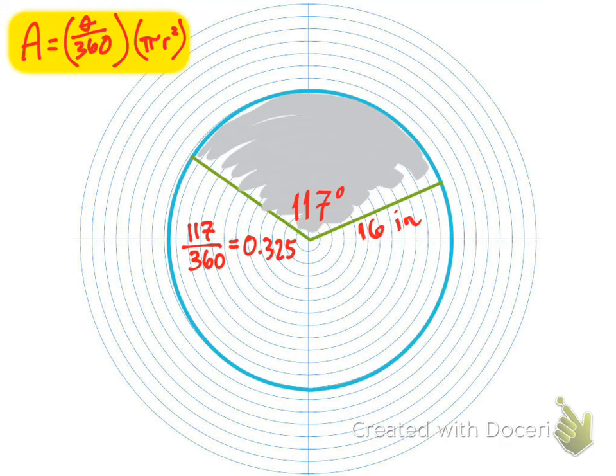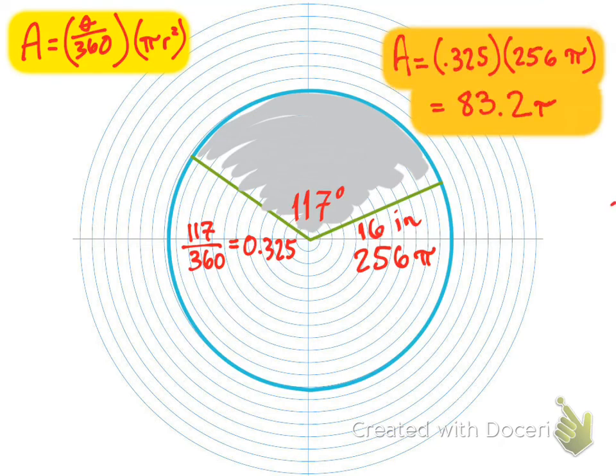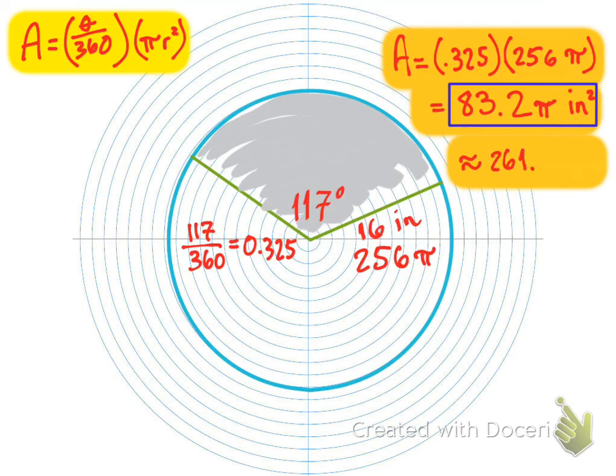And then for the area of the circle, 16 squared is 256, so 256 pi is the area of the whole circle. We multiply those two numbers together. Easy, right? And you get 83.2 pi square inches. That's the exact representation. If it's okay to use an approximate solution, that works out to 261.4 square inches.